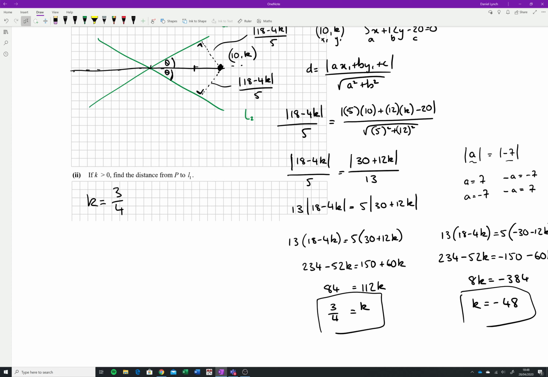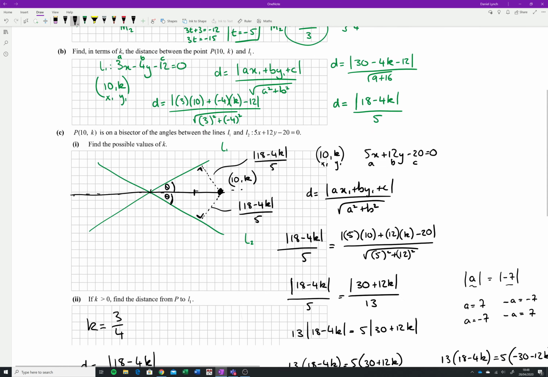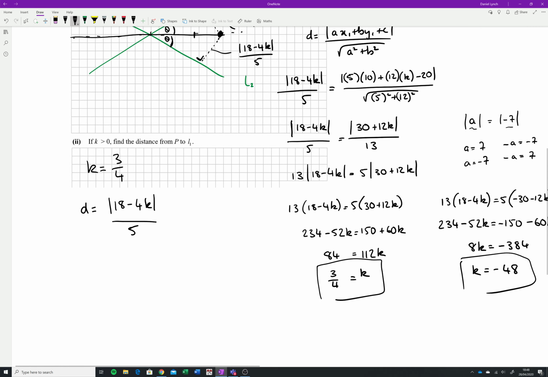Well, we knew all along that the distance is equal to the absolute value of (18 minus 4k) over 5. That was actually one of the things that we found out. I think it was part B there. So that distance is equal to the absolute value of (18 minus 4 times 3/4) over 5. Nice number there.